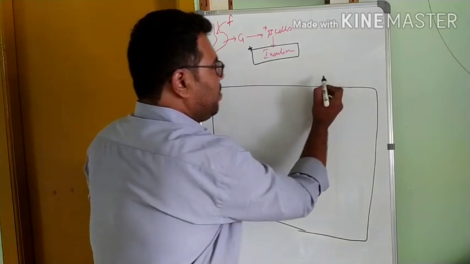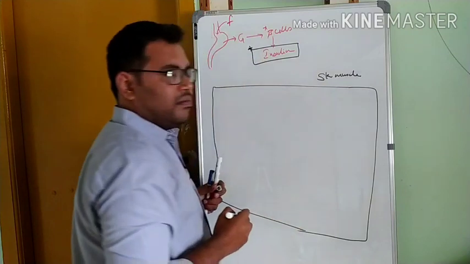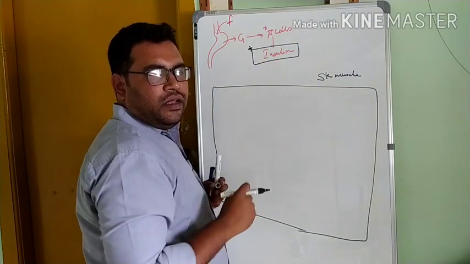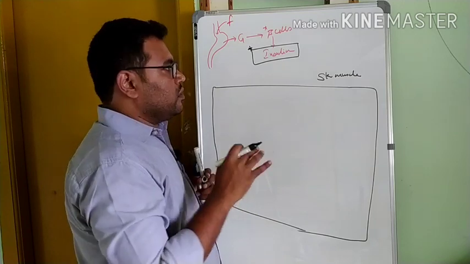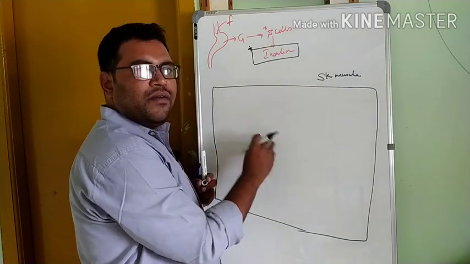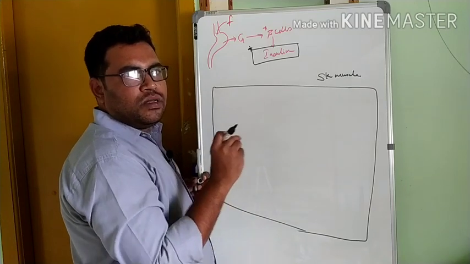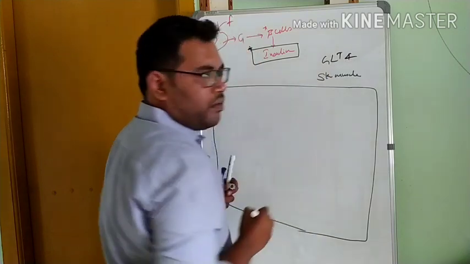Think that this is a skeletal muscle. At the starting of the video, we discussed that there are many types of glucose transporters. Suppose insulin is storing glucose in the skeletal muscles, then it requires a glucose transporter, that is glucose transporter 4.